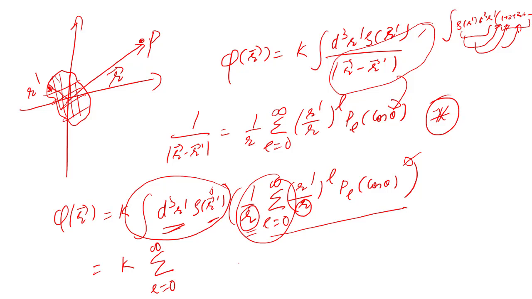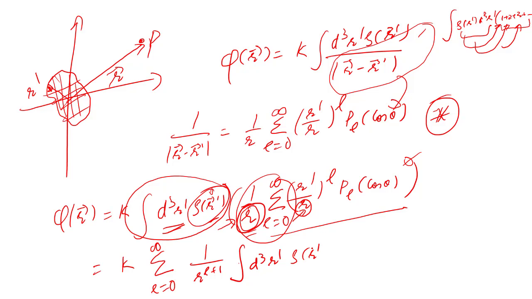That's what I'm doing. So the sum is going from L equal to 0 to infinity, and inside I have 1 over r to the power L plus 1. This doesn't depend upon the integral over r prime, so it's outside. And then I have the integral d cube r prime rho of r prime.